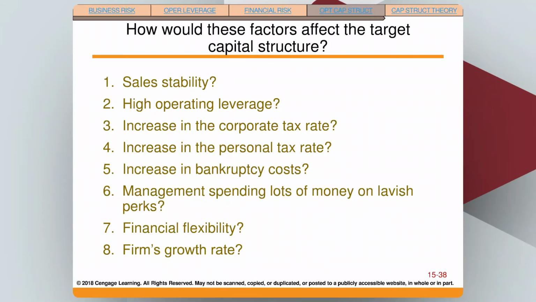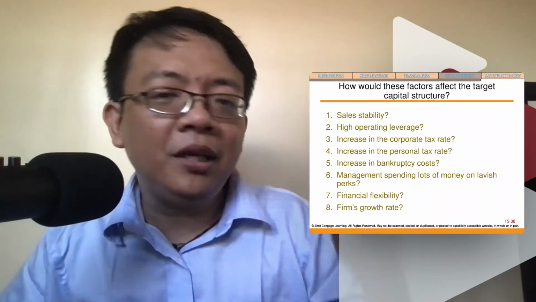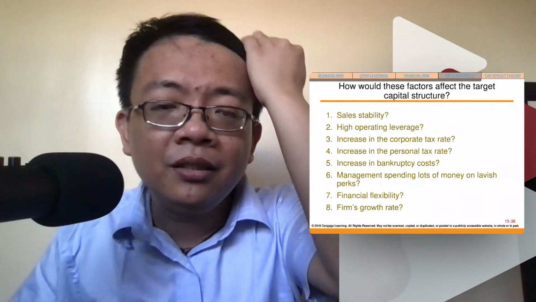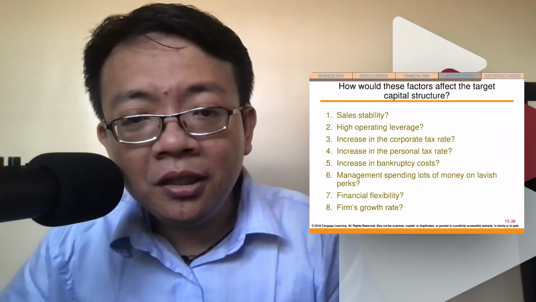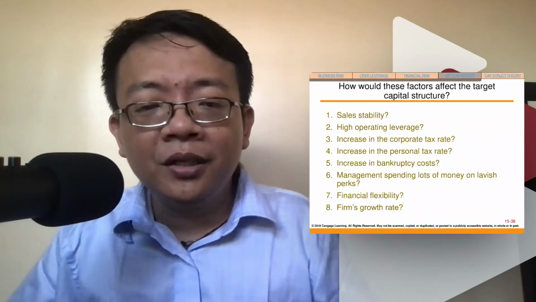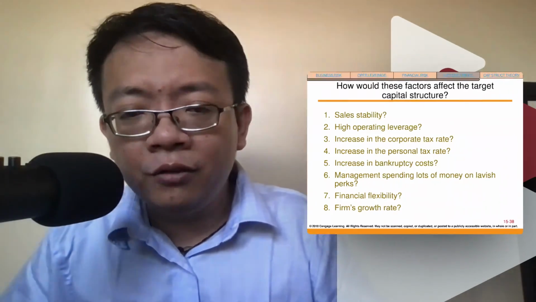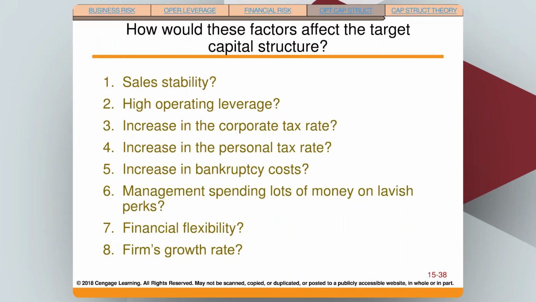Alright, what would these factors affect naman, the target capital structure? Of course, kung yung ating benta, lalo ngayon because of pandemic, 'di ba? The sales stability, if you have high operating leverage, what would be the effect? Of course, the high leverage, the increased corporate tax rate, increase in the personal tax rate, increase in bankruptcy costs.